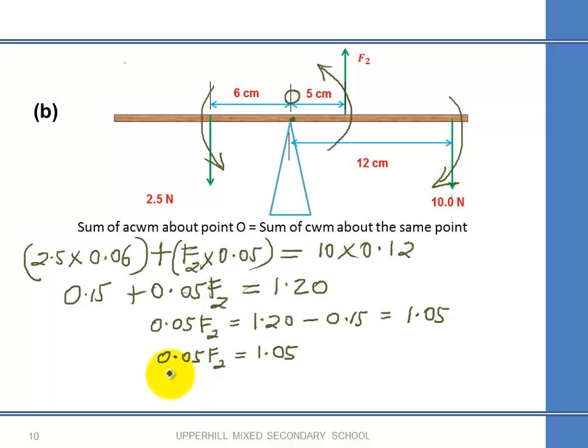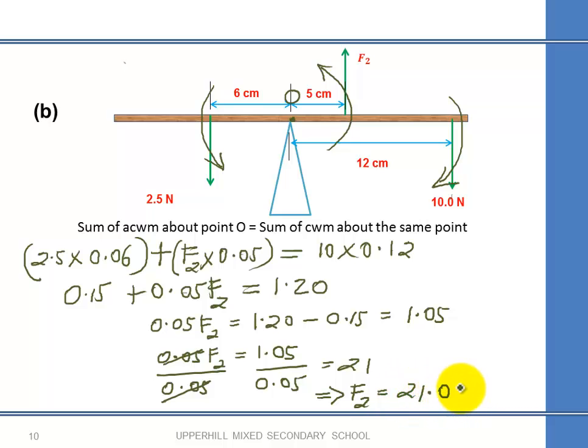In order to get F2, we divide both sides by 0.05. This one cancels out with that. This gives us 21. And F2 is equal to 21 newtons.